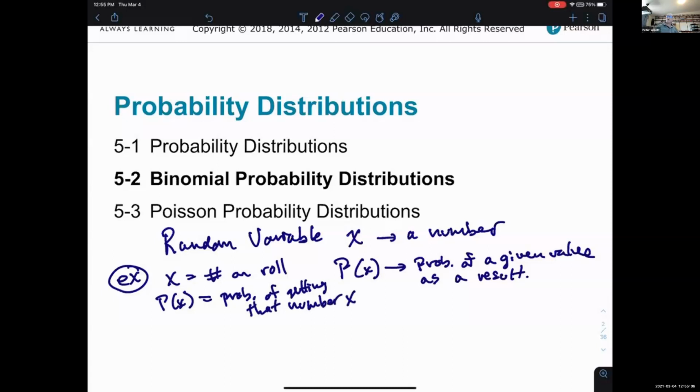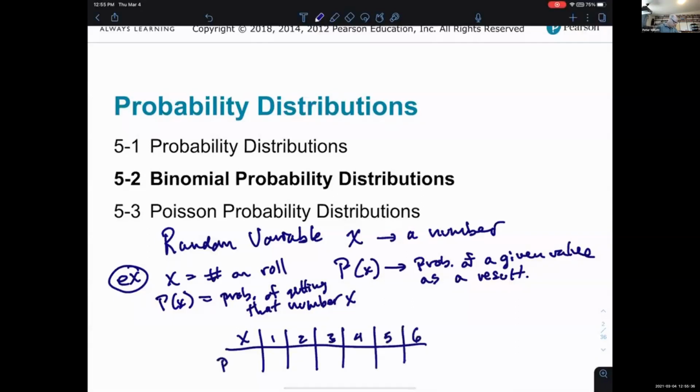And so I could make a table, which is called a probability distribution table, to show what this probability distribution looks like, in which I would basically list what my possible results would be for x. So if I roll a die, what could I get? I could get a 1, a 2, a 3, a 4, a 5, or a 6.